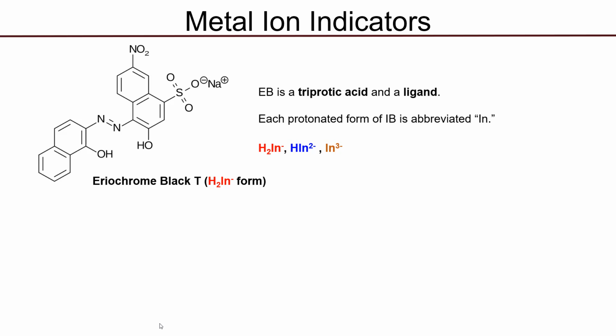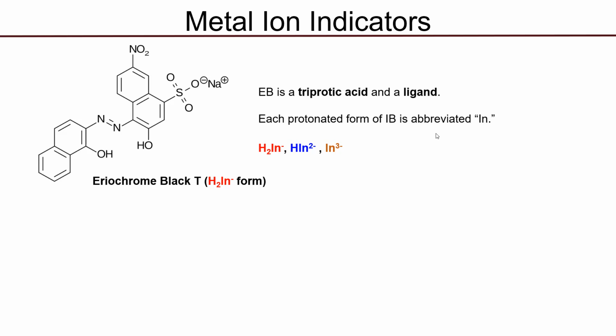In the case of Eriochrome Black T specifically, here are our acidic groups right here. So our sulfonate group, that's essentially already been deprotonated, so its proton is gone and it has a sodium +1 counterion instead. But both phenol groups can also be deprotonated. So when we're talking about the protonation state of the indicator and what color it's going to be, we use a similar kind of terminology.